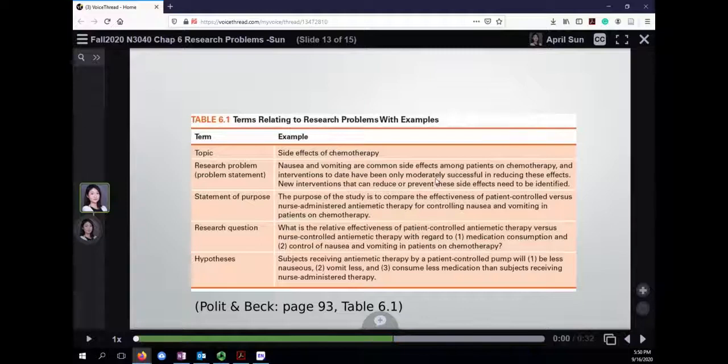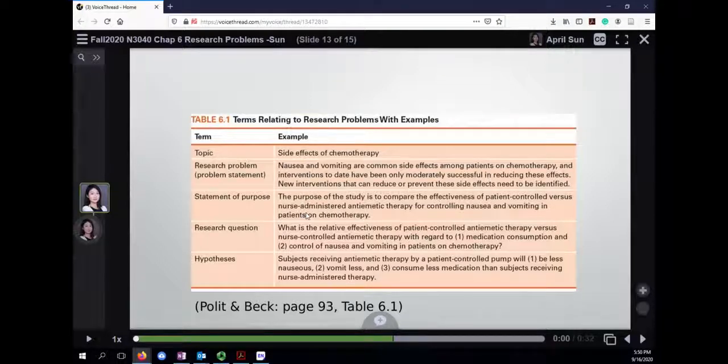That's a gap in the problem statement. And the purpose statement is to compare the effectiveness of these two types of intervention for controlling the side effects. So the purpose statement is consistent with the problem statement.